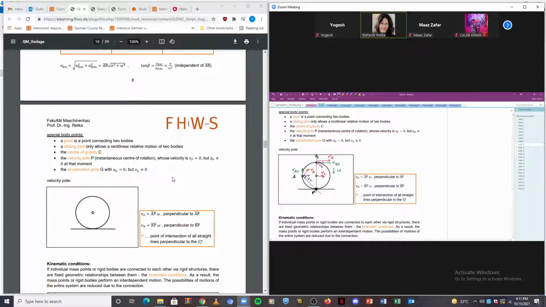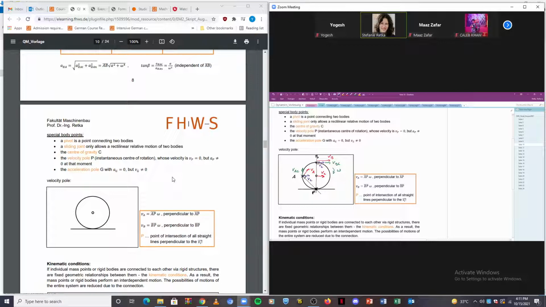So for example, for point A, the velocity of point A is obtained by computing the distance from A to P, our velocity pole, multiplied by omega. Same for B, it's the distance between point B and P multiplied by omega.